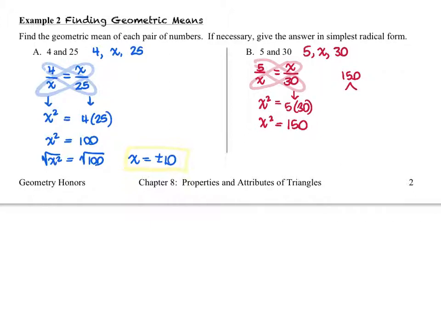We know that we can get 150 by multiplying 25 and 6, 25 is a perfect square, and then 6 is going to stay underneath the radical. We can't pull him out. So when we take the square root of both sides, we're going to end up with plus or minus 5 root 6 as our final answer.